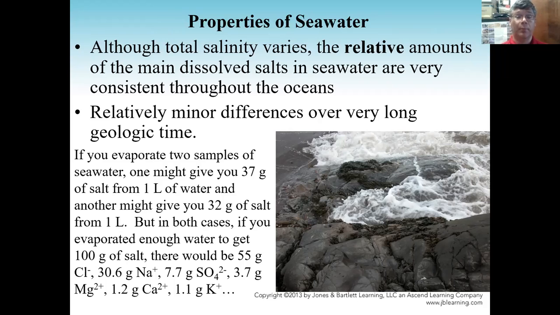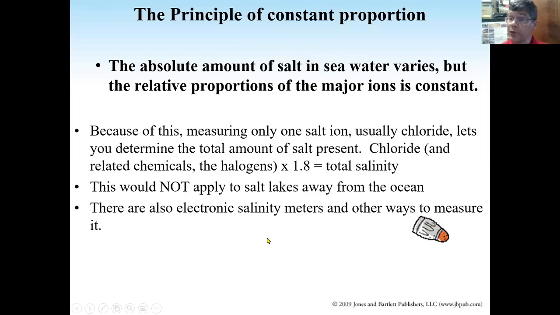But if you had more seawater from both places and evaporated enough to get 100 grams of salt from both places, that 100 grams would have the same composition: 55 grams of chloride, 30.6% of sodium, and so forth. So this is referred to as the principle of constant proportion. Although the absolute amount of salt in seawater varies, the total salinity may be a little higher, a little lower, but those relative proportions of the ingredients in the salt stay consistent.